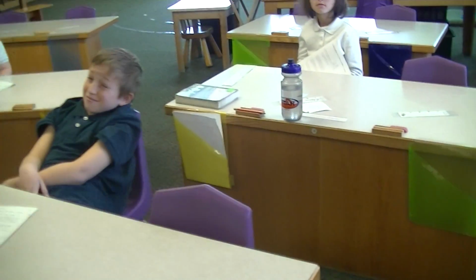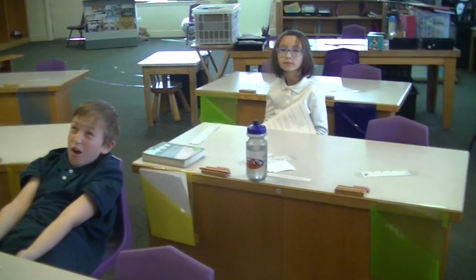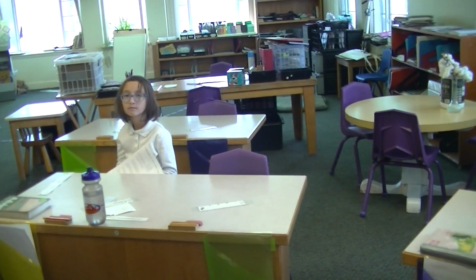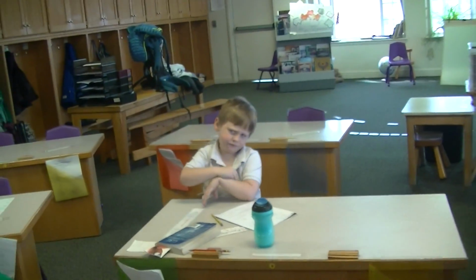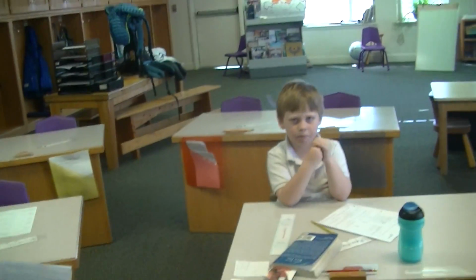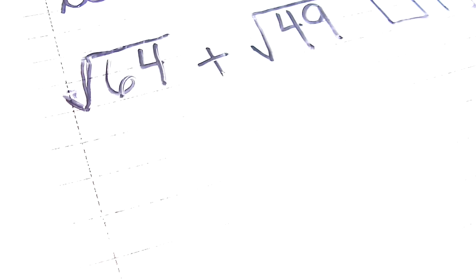When we multiply a number by itself, we call it a squared number. When we have that little symbol, we have to go backwards and think what 2 numbers made the number inside the symbol. So what 2 numbers, when you multiply them together, make 64?